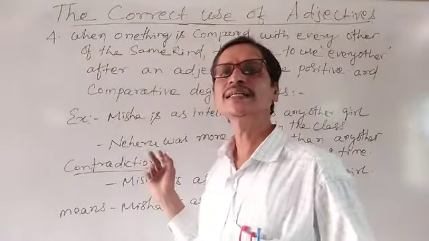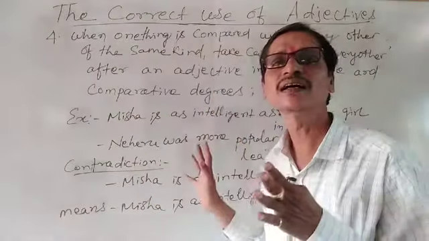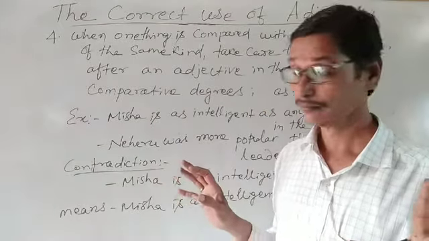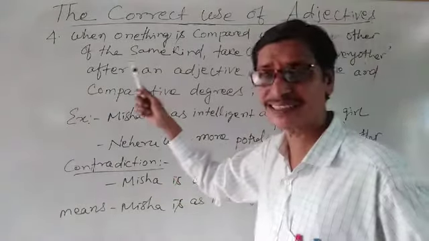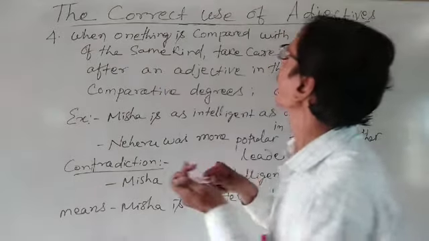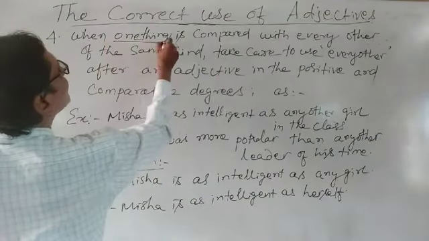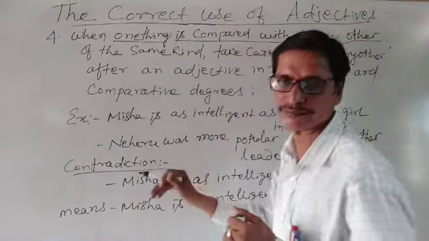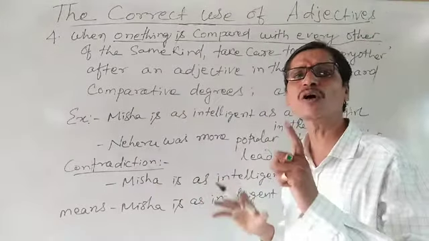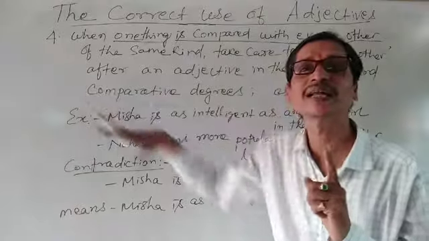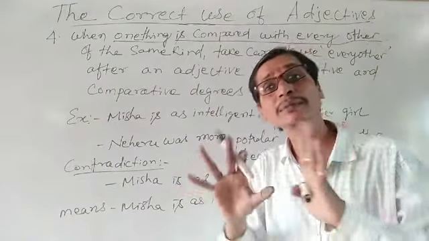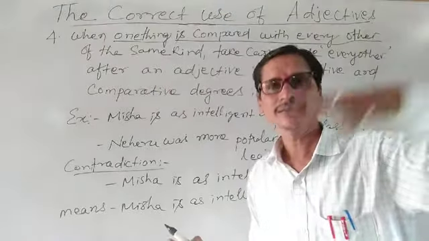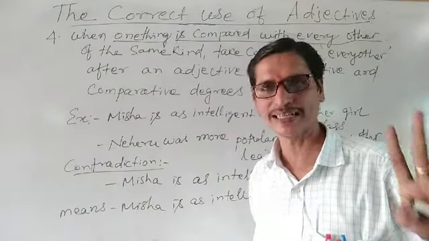Here you see we have another instruction for using adjectives correctly. What is this? When one thing is compared with every other of similar kind, that means one person is compared with every other of similar type of persons. One student is compared with all the students of the same class, for example.